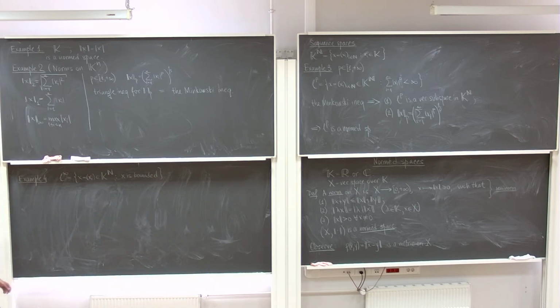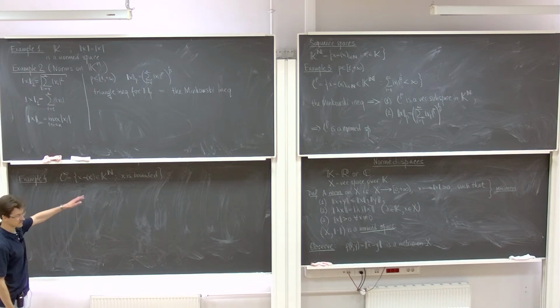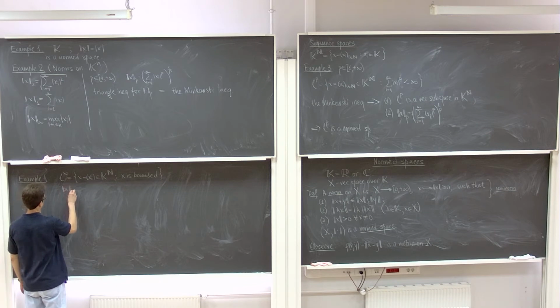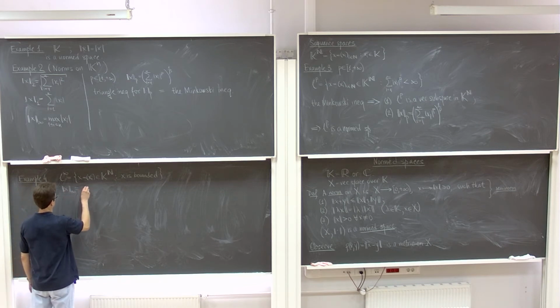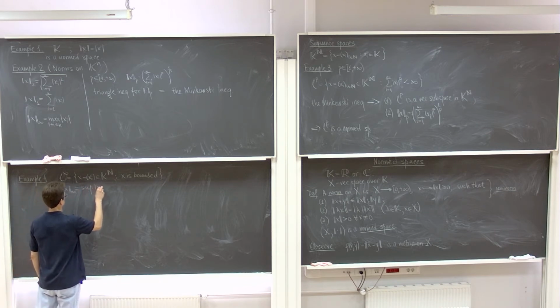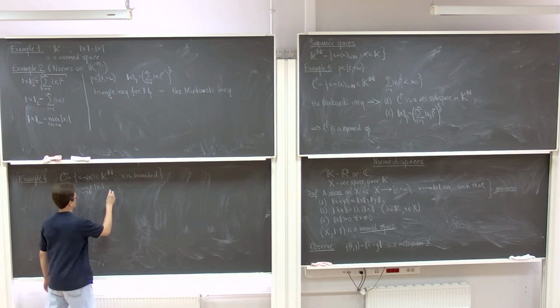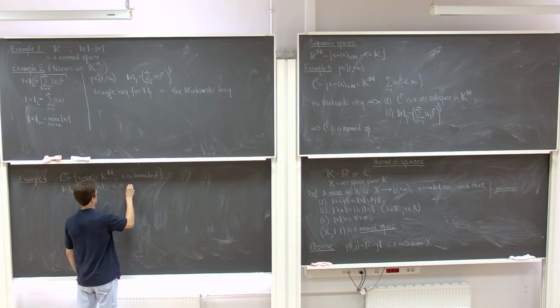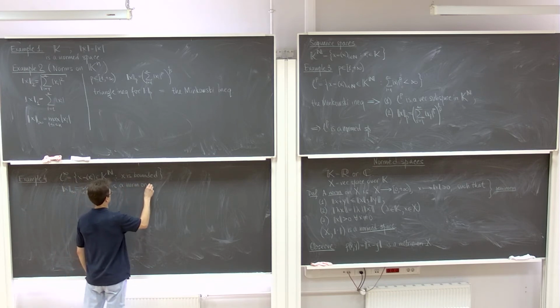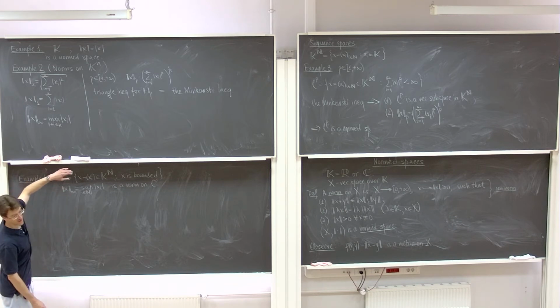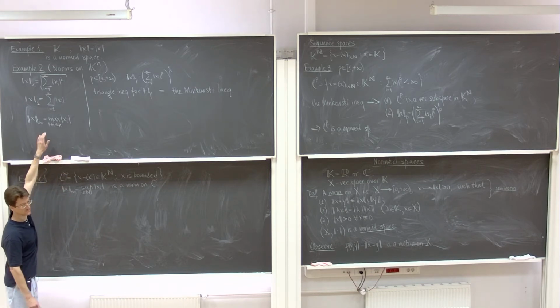Clearly, this is a vector subspace of K^N, and there is a canonical norm on this space given by the following formula. This is a norm on l infinity. So this is the infinite dimensional version of K^n equipped with this norm.